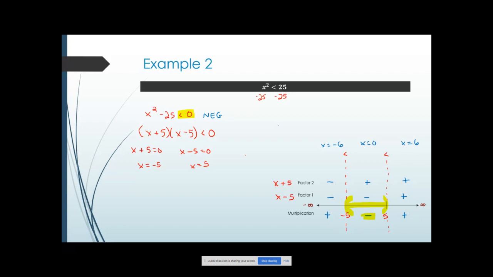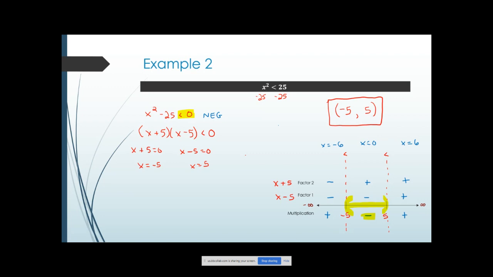So if I'm reading this in interval notation, my left endpoint that I've shaded is at negative 5, which has a parenthesis, comma, 5, and then another parenthesis, because that's where the next endpoint is. They both have parentheses because of the less than. And so this is one where your answer is actually between negative 5 and 5.